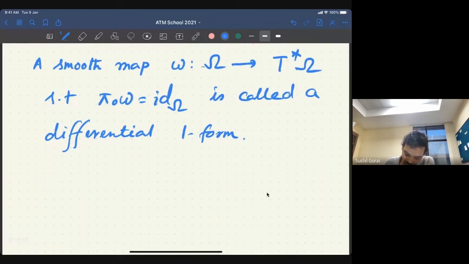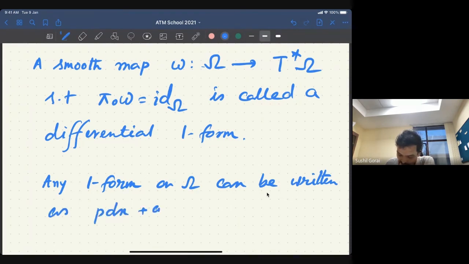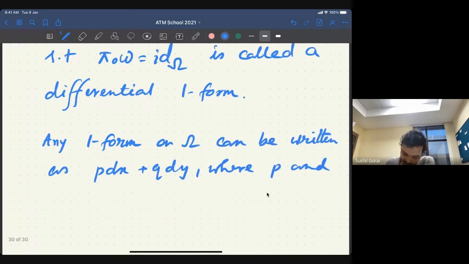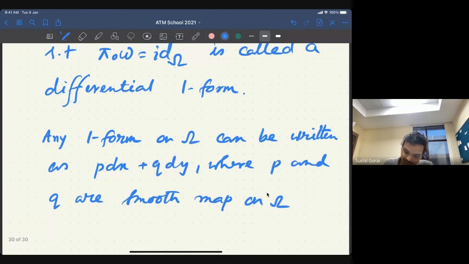So any one form on omega can be written as p dx plus q dy, where p and q are smooth maps on omega.